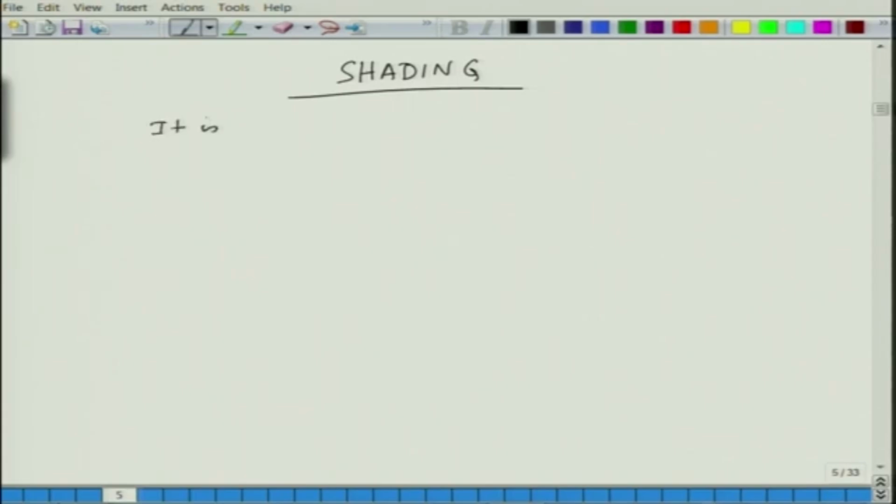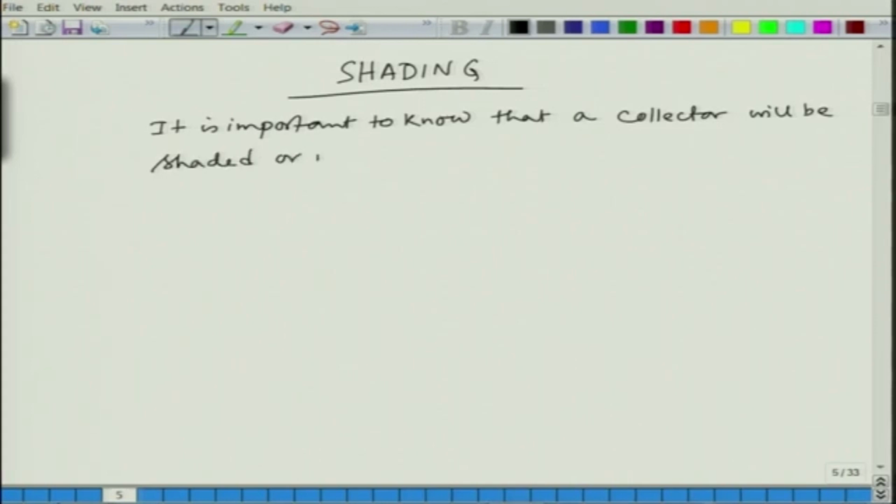So, first it is important to know that a collector will be shaded or not by the nearby objects.